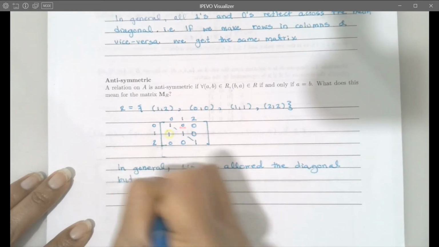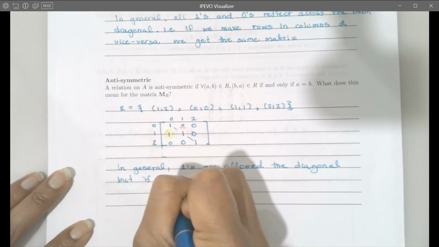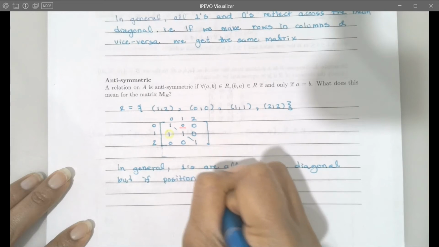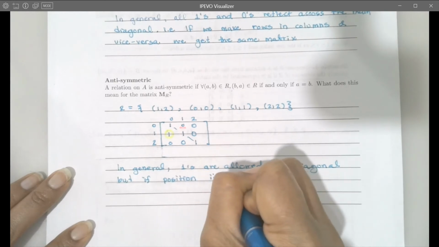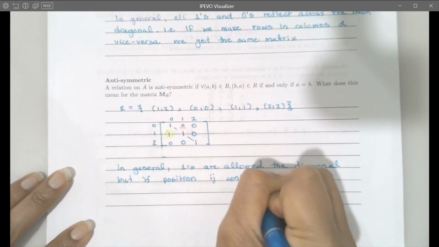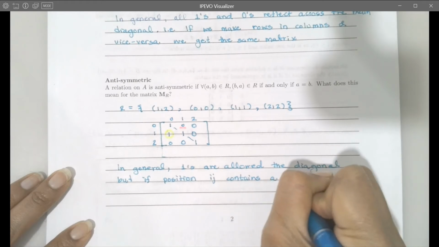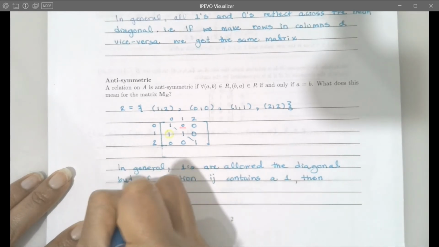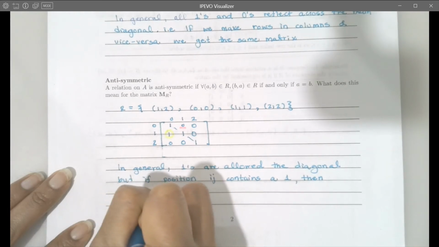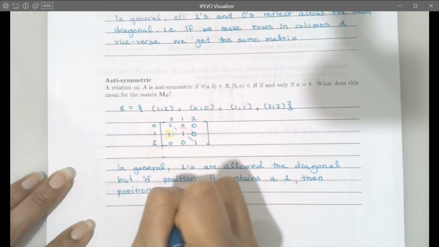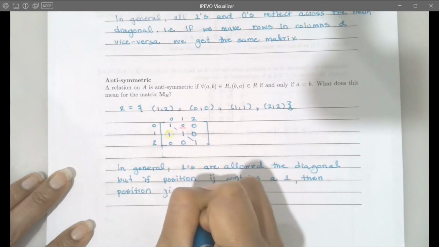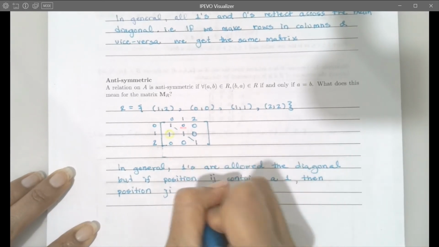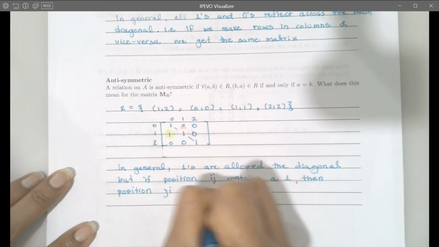But if position ij contains a 1, then position ji cannot contain a 1. So that means it must contain a 0.